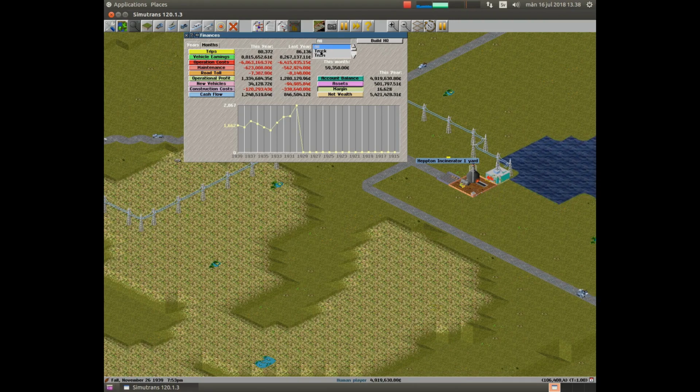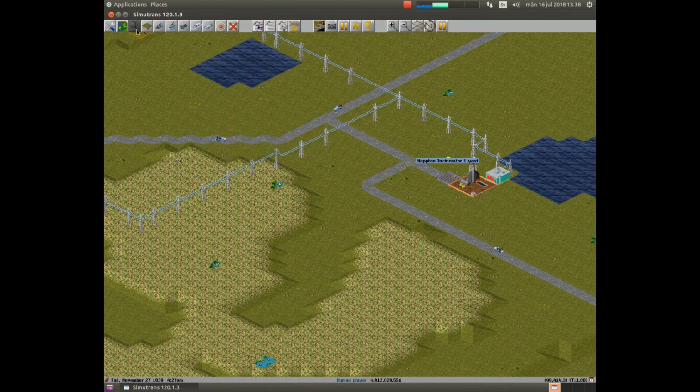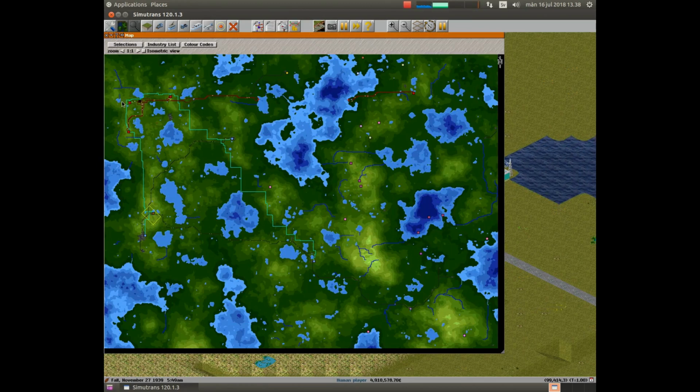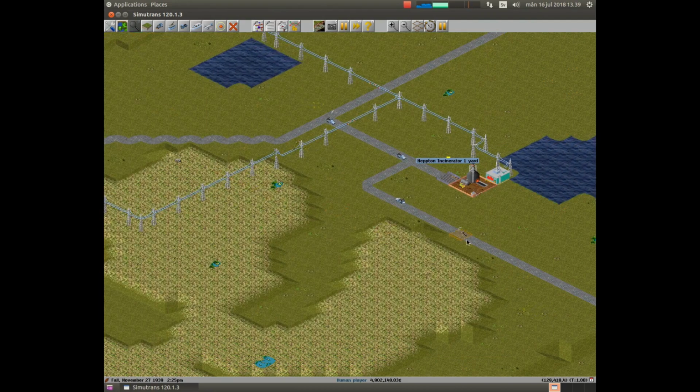So if we take trucks, for example, we see that trucks overall don't generate profit. And we have trucks here along this long line driving waste to the incinerator here. And it is probably this long line causing the problem.